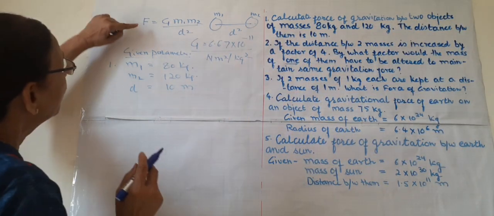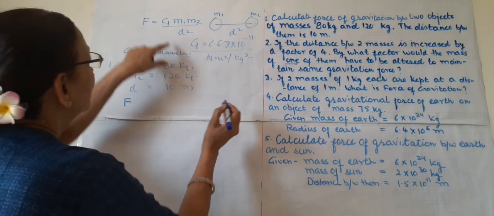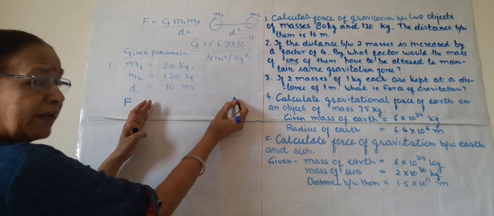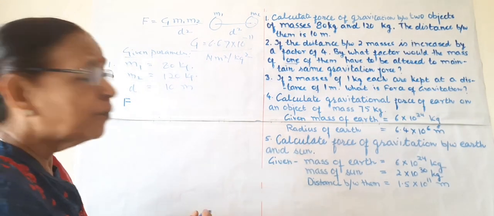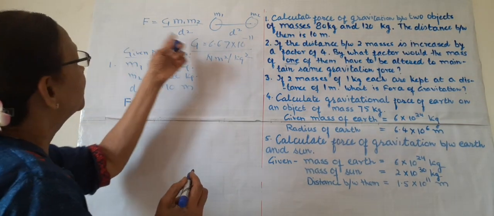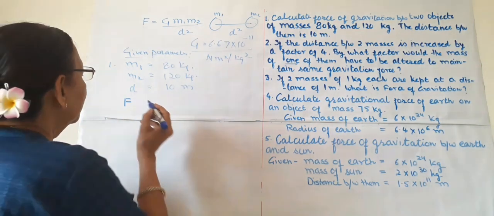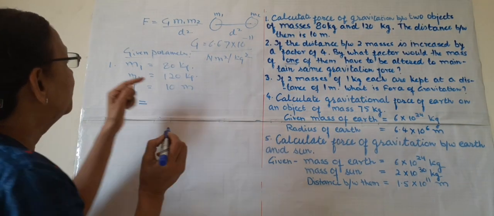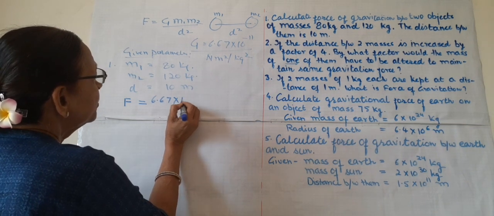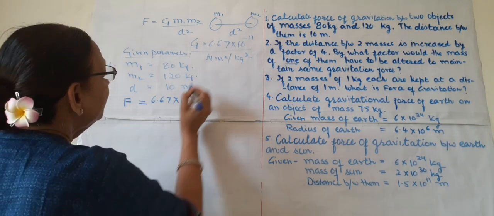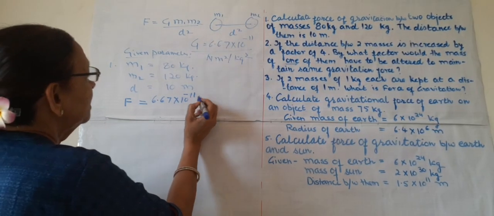Now putting these values in this formula. Here you should write the formula for calculating force of gravitation: F is equal to G m1 m2 upon d square. I am directly putting the values. G is 6.67 into 10 raised to power minus 11. Remember to write the minus.